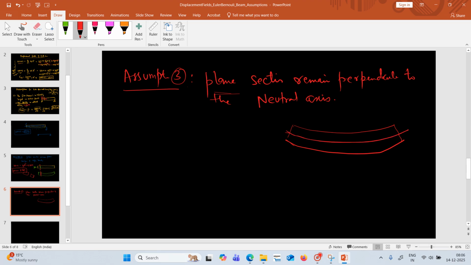The vertical fiber after bending is also remaining perpendicular. Before bending we know the neutral axis was perpendicular to the vertical fiber. This was the vertical fiber, and after bending also it is remaining perpendicular.